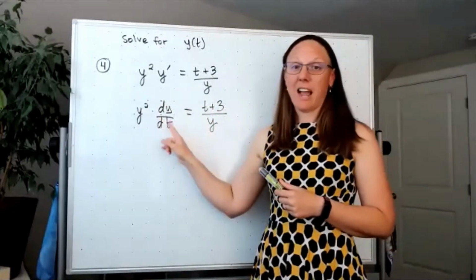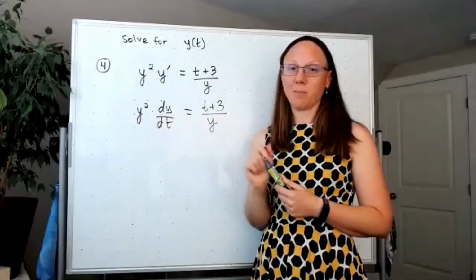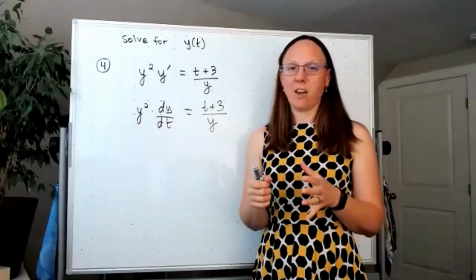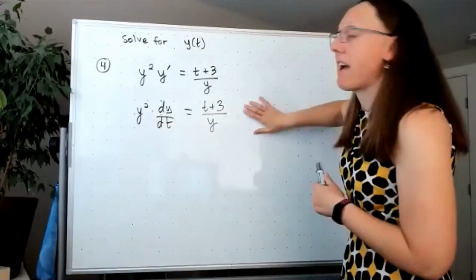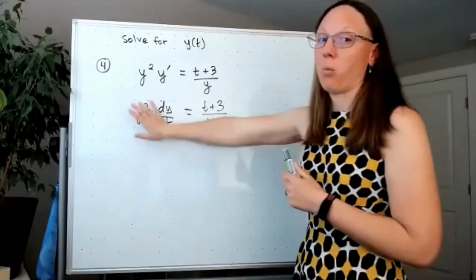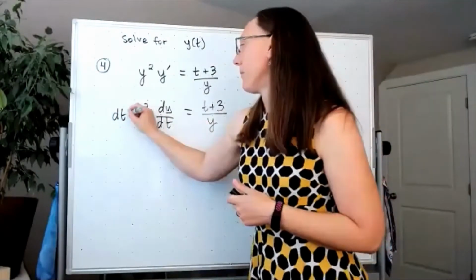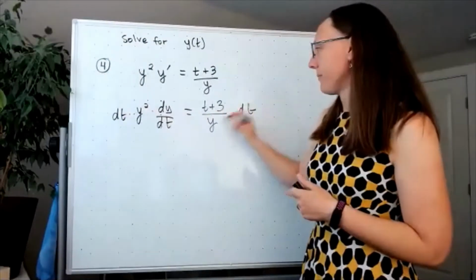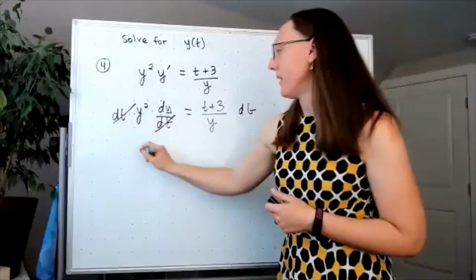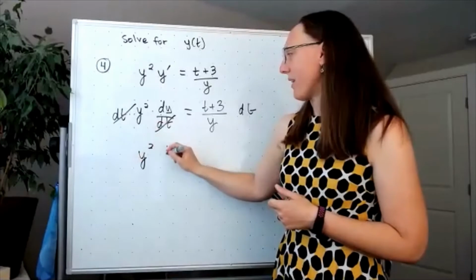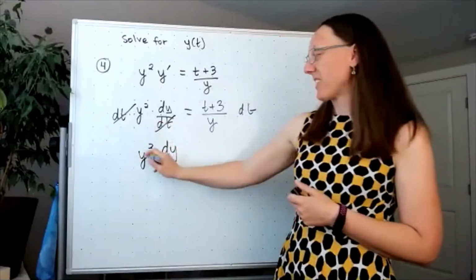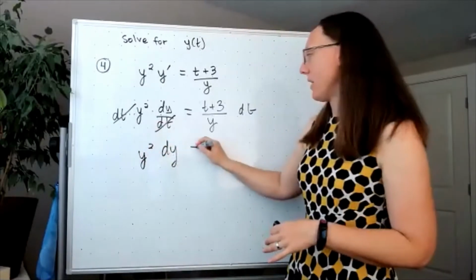Once I've got this here, I'm going to go ahead and multiply both sides by dt because that's going to tell me my t's have to be on the right-hand side and my y's have to be on the left-hand side. So I'm at y squared dy. That side looks good. It looks like it's ready to integrate.